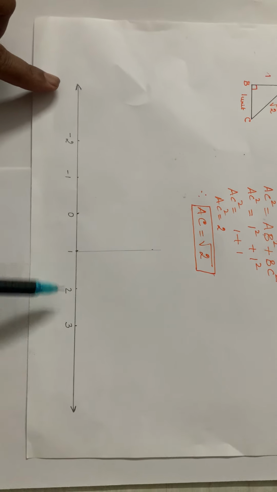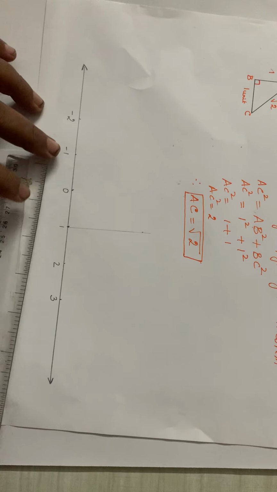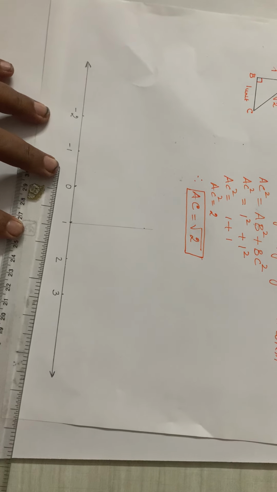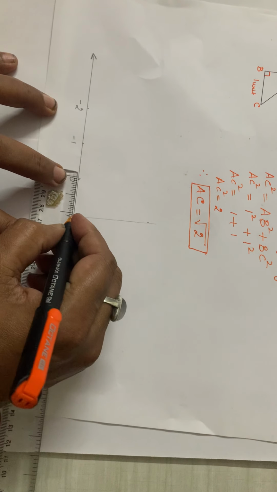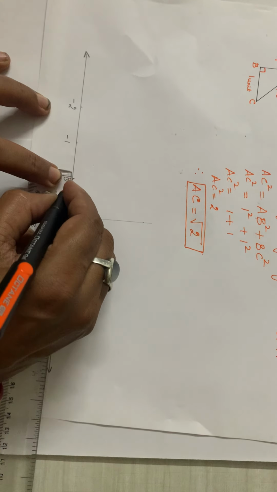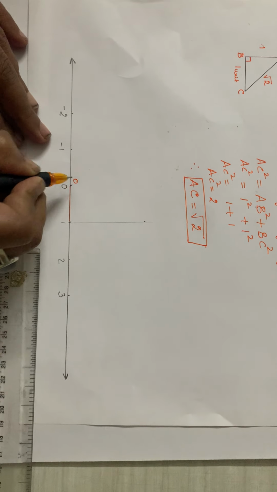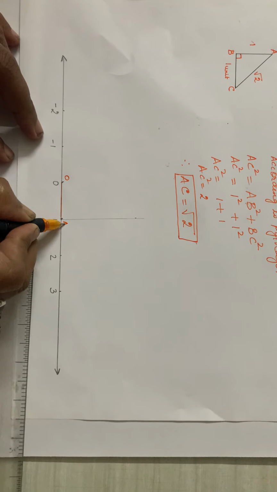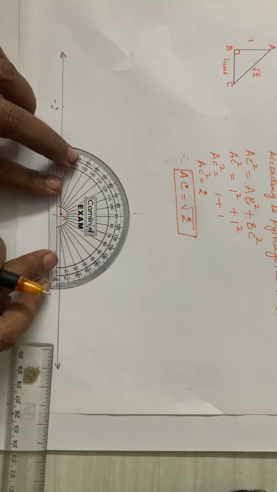For that, again a number line I have drawn. I have taken 1 unit length. That is 1 unit length here. Now I will name it. Let me name this as O. This point as A. From A, I will take a 90-degree angle.